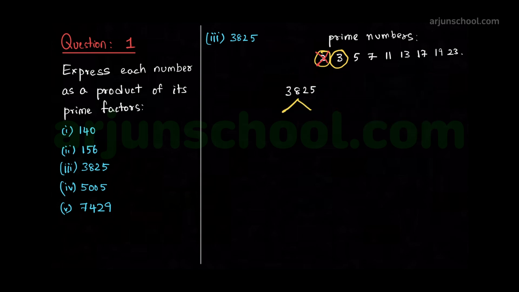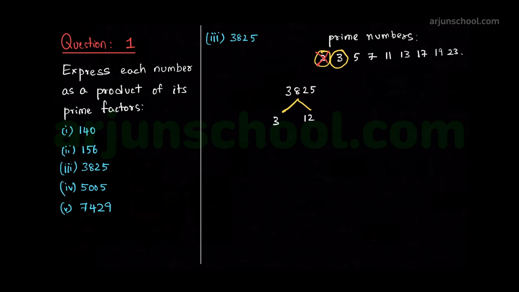Divide 3825 by 3. 3825 divided by 3 is 1275.